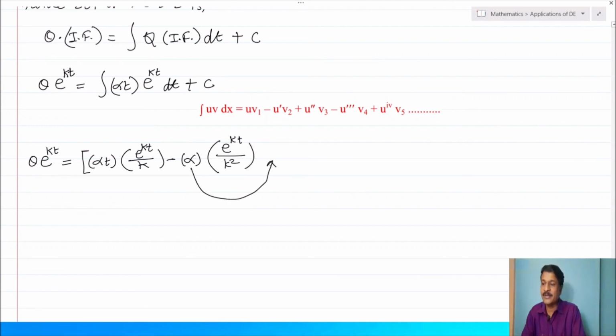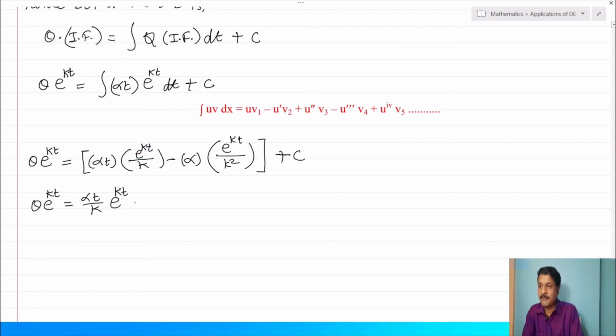The next derivative of this is 0. That's why the bracket closes, plus the integration constant c. So I get θ e^(kt) = (αt/k) e^(kt) − (α/k²) e^(kt) + c.